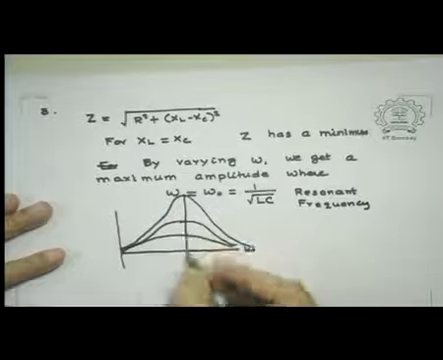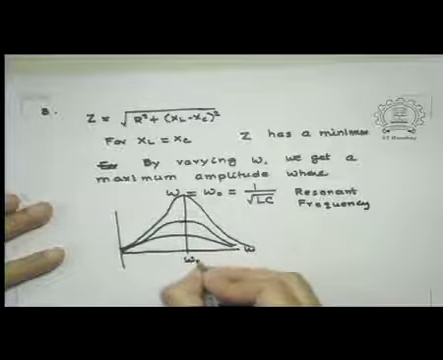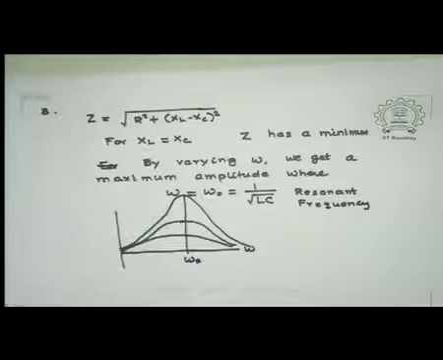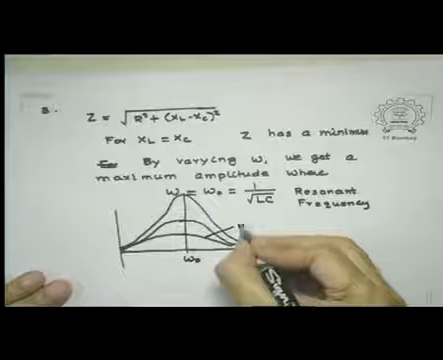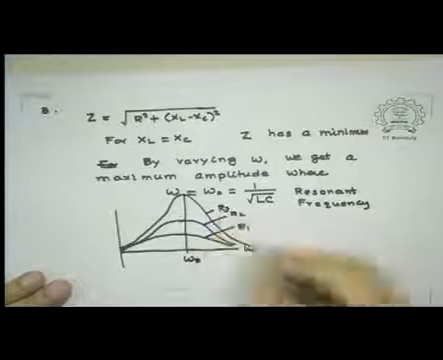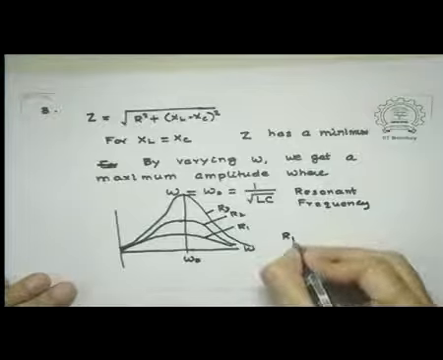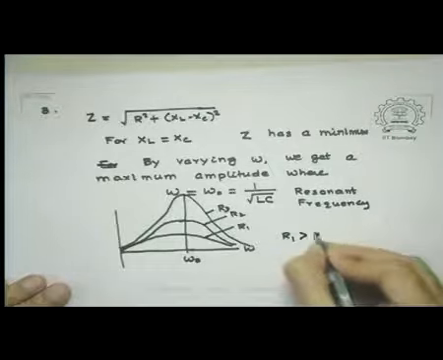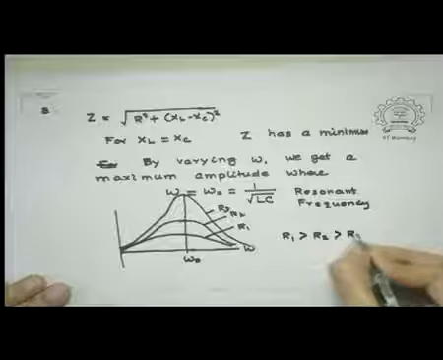This peak happens at omega equal to omega 0 equal to 1 over square root of LC. Let's call this R1, this is R2, this is R3, and this picture is for R1 greater than R2 greater than R3. It's just a graphical representation of the resonance phenomenon.